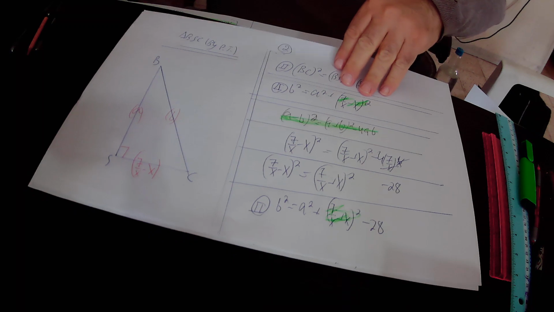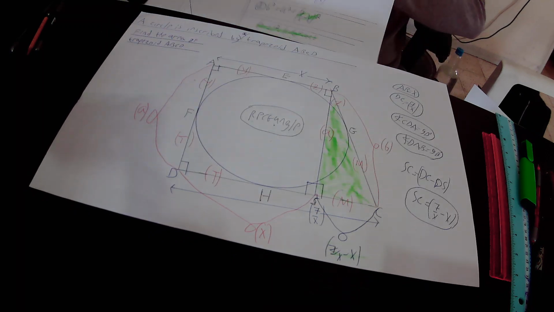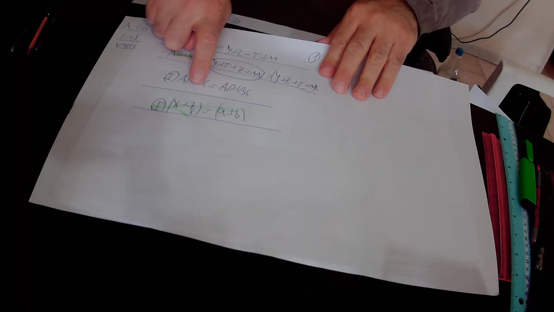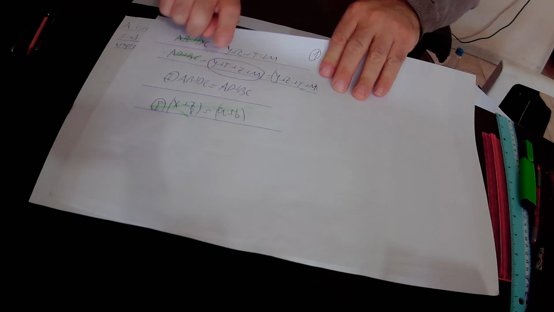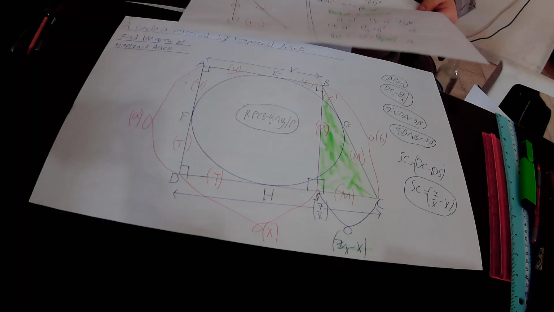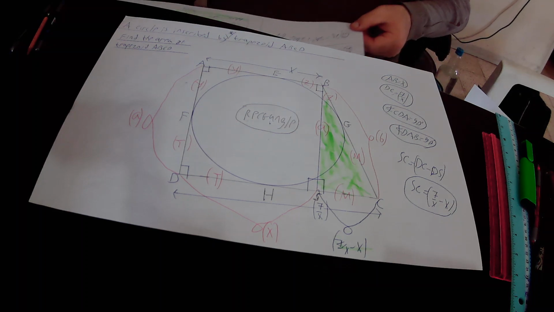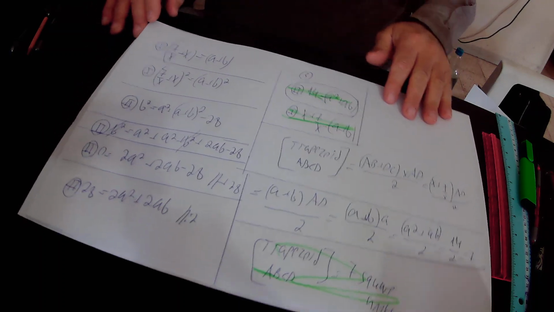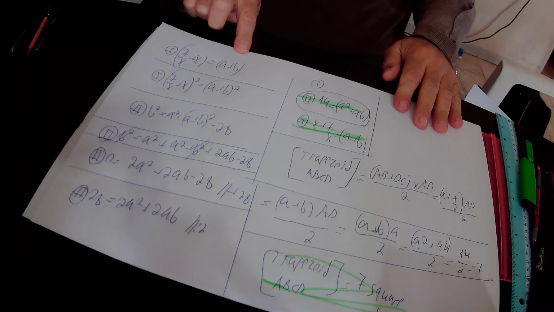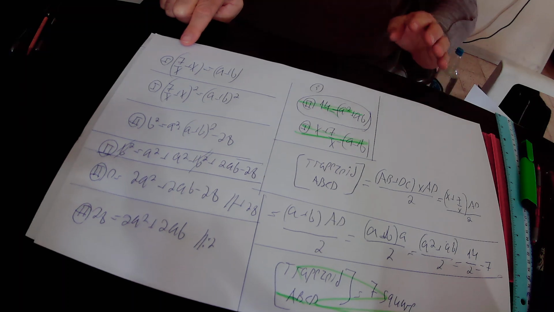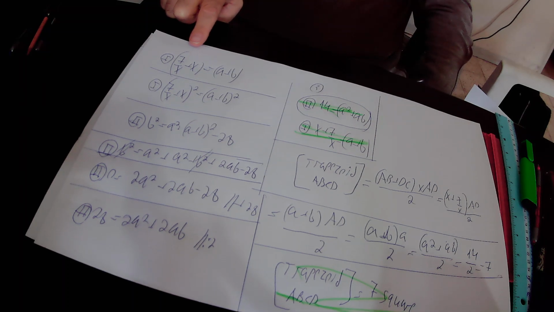So here, according to equation 1, we already found out that 7 over X plus X equals A plus B. Here we will square this equation 1, and we get that (7 over X plus X) square equals (A plus B) square.